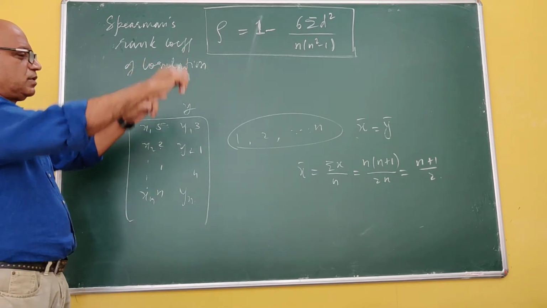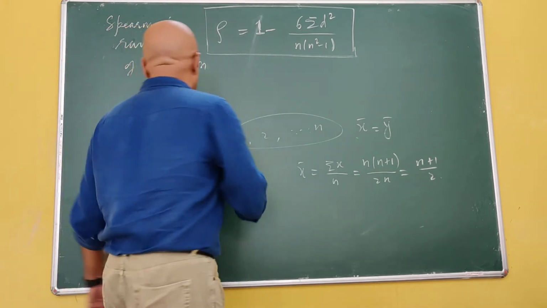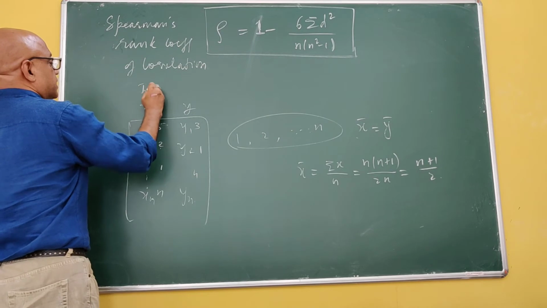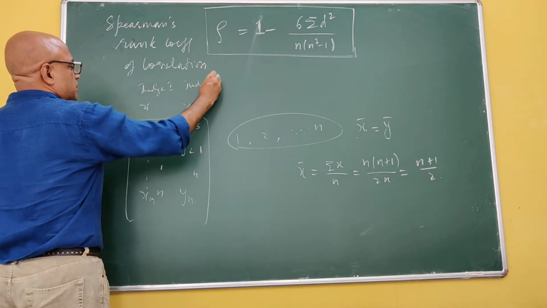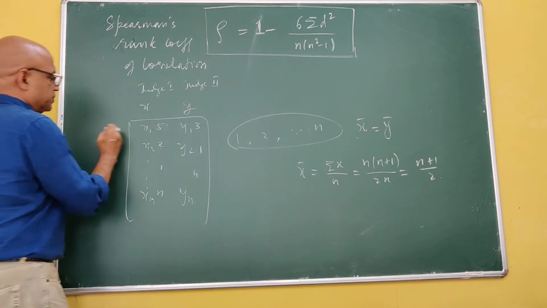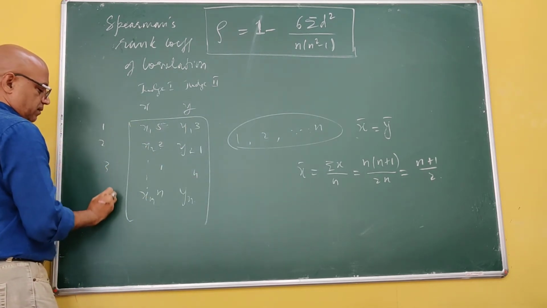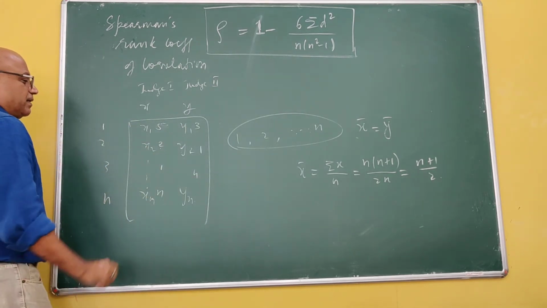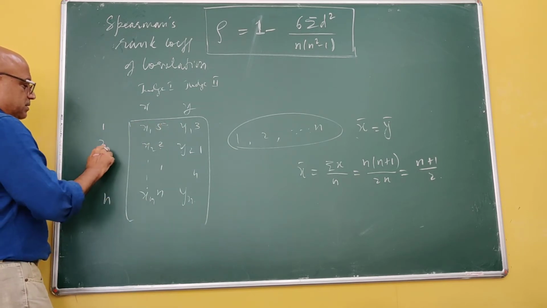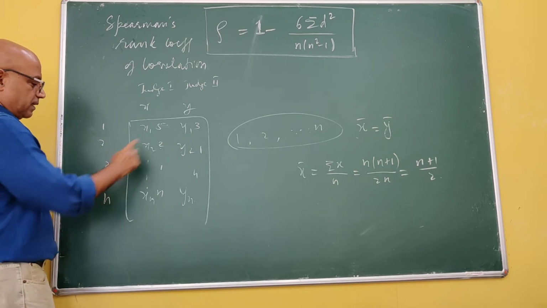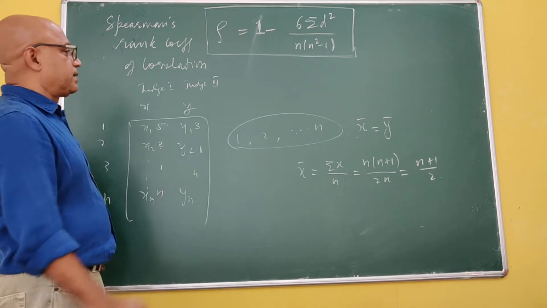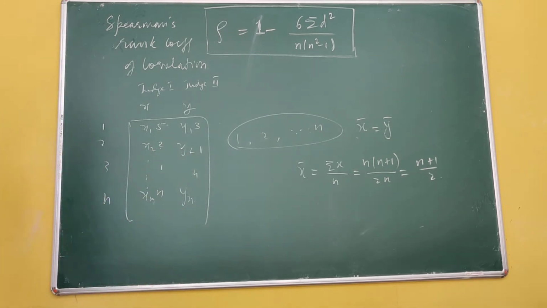If there are two judges, judge 1 and judge 2, and many students, 1, 2, 3, up to n of them, they are given some ranks. Maybe this one is the best singer, maybe that one is not so good. First we look at the ranks when they are not repeated.